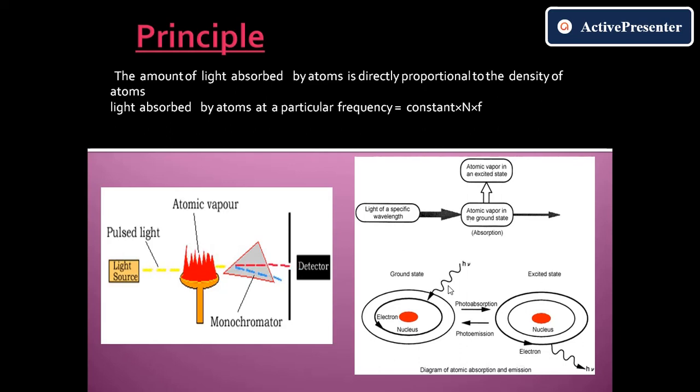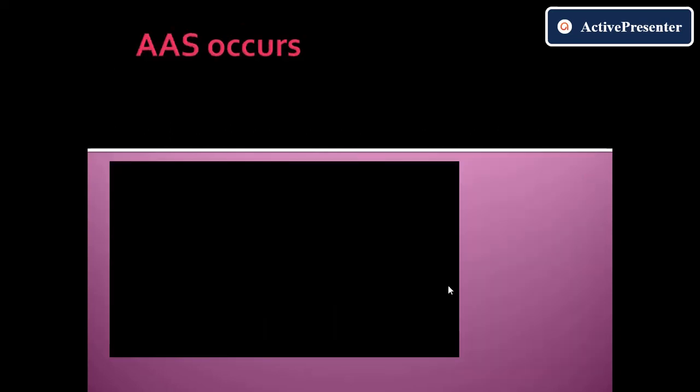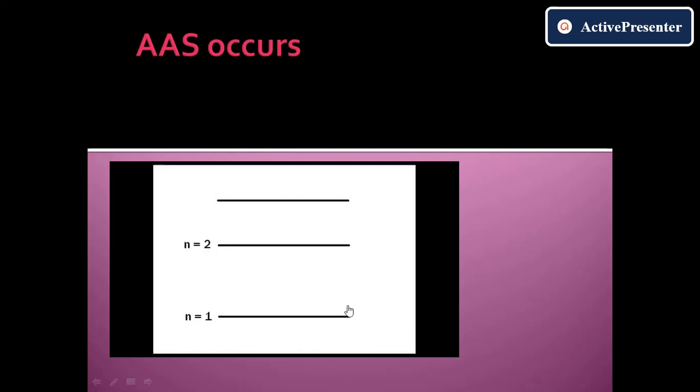Next, let us see the inner mechanism in atomic absorption spectroscopy. You can observe here there is a ground state atom, and these two are the excited states. When a light photon is incident on an electron or an atom in the ground state, this is a reference for how ground state atoms absorb energy.